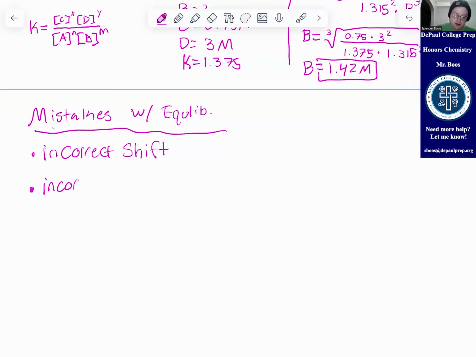Incorrect increase or decrease of products/reactants.